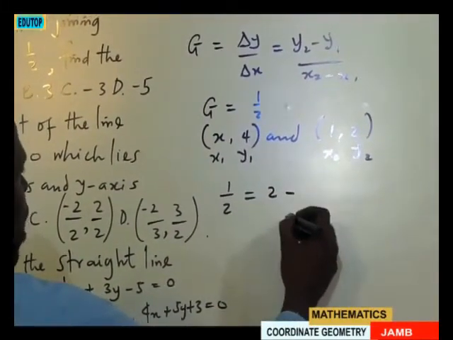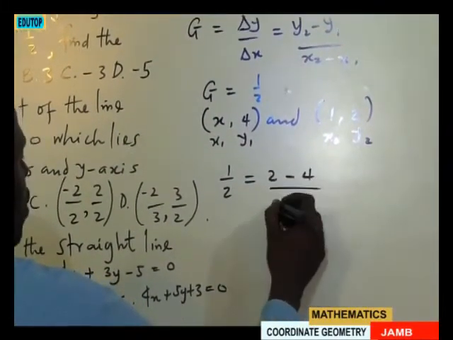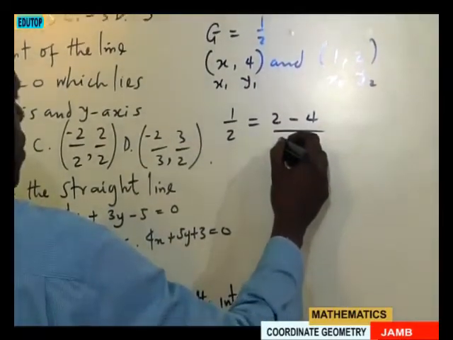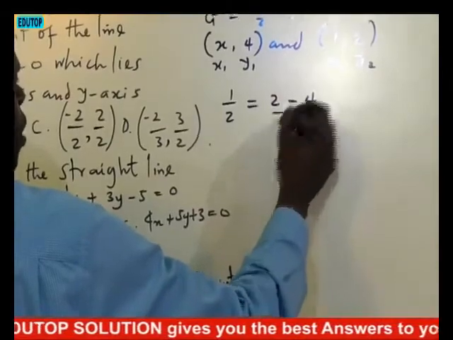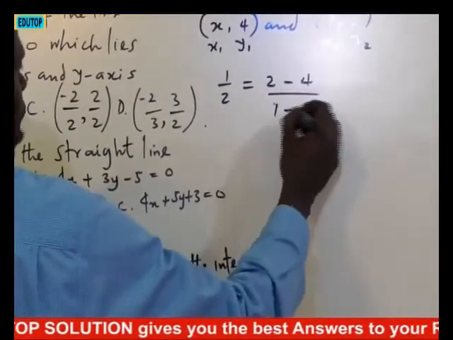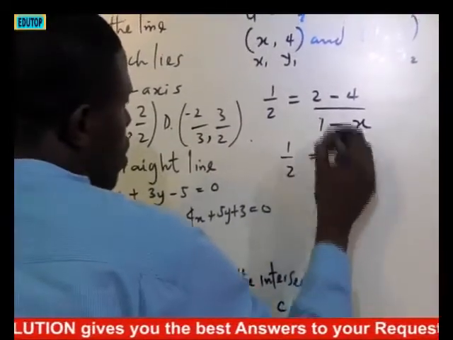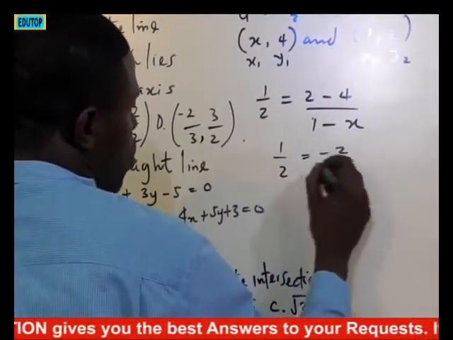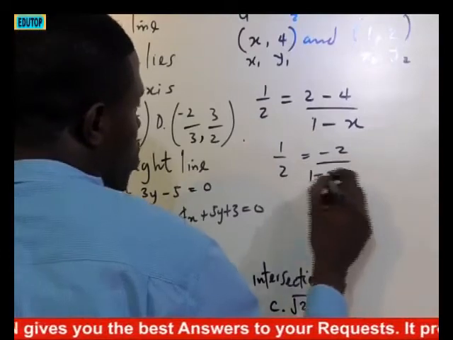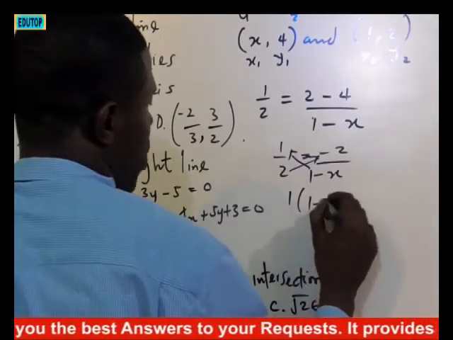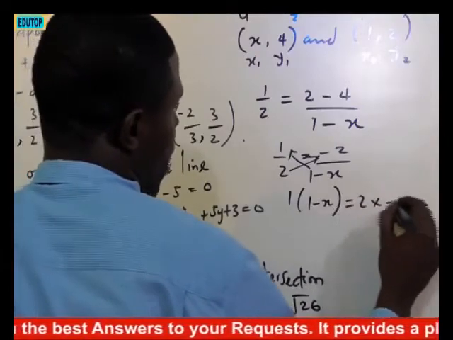2 minus y1, 4, over x2, which is 1 minus x1, x. So here we have 1 over 2 equals 2 minus 4, that is minus 2, over 1 minus x. So let's cross multiply this. That will be 1 times 1 minus x, equals 2 times minus 2.